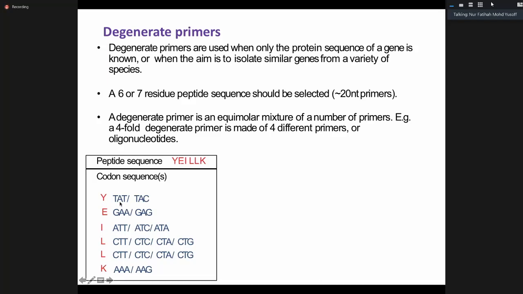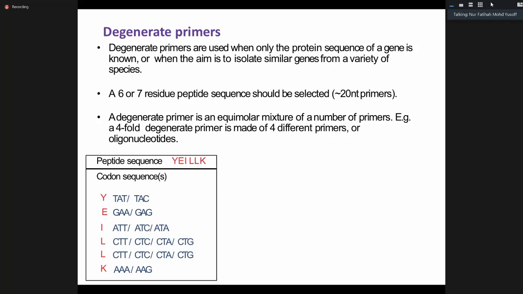Y is from the TAT or TAC codon, E from the GAA or GAG codon, then I, L, L, and K. Similarly, all of these amino acids have different codons. It may be 1 or 2 codons.